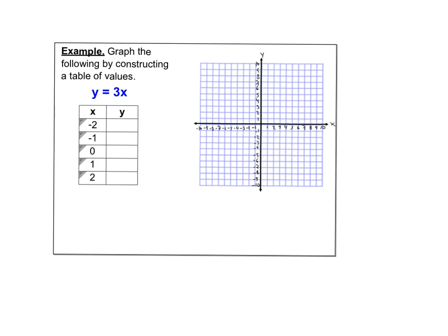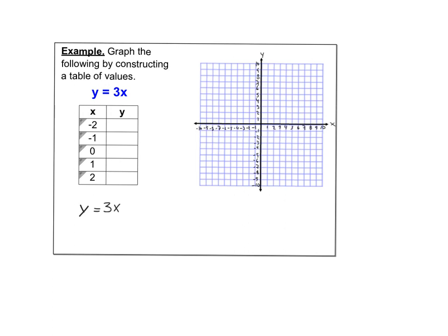Okay, now to talk about how we actually find the coordinates along our equation. How we do that is by taking the x value and substituting it into our x variable. I'm going to rewrite the equation, and I like to start with 0 because in this case it's super easy.